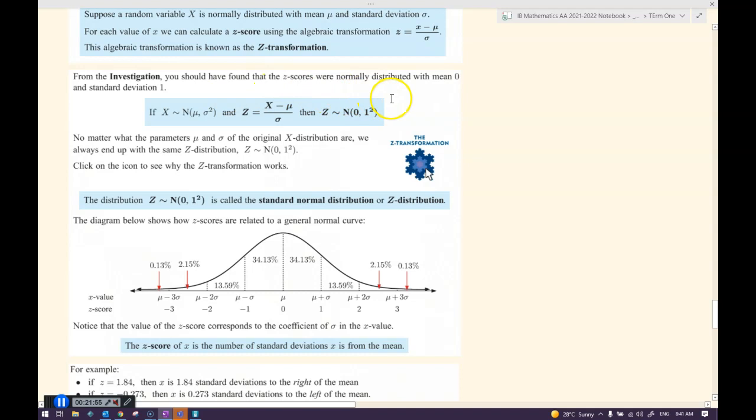The interesting thing is that eventually, when you do this distribution, the z-scores are still normally distributed. The mean value is going to be 0, because the mean value of a normal distribution is mu. When I go mu minus mu in that first bit of the calculation, I'm going to get 0. So the mean value is 0, and the standard deviation is 1, because it's clearly going to be working out 1 standard deviation away. When I go 1 standard deviation divided by sigma, I'm going to get 1.